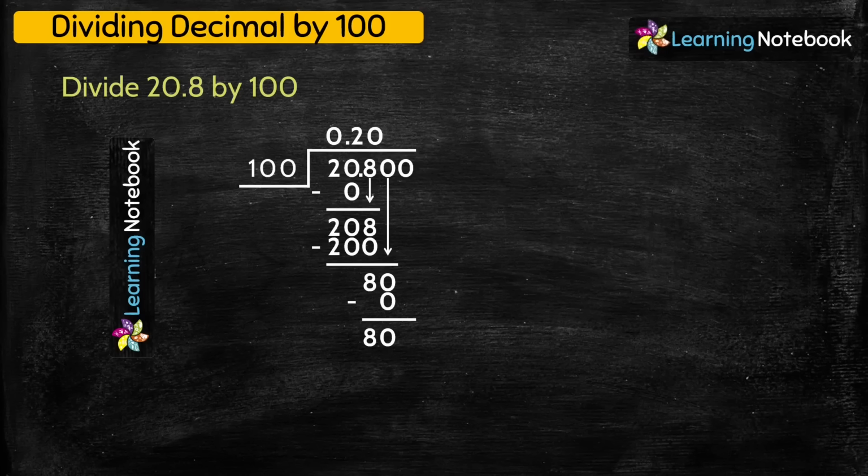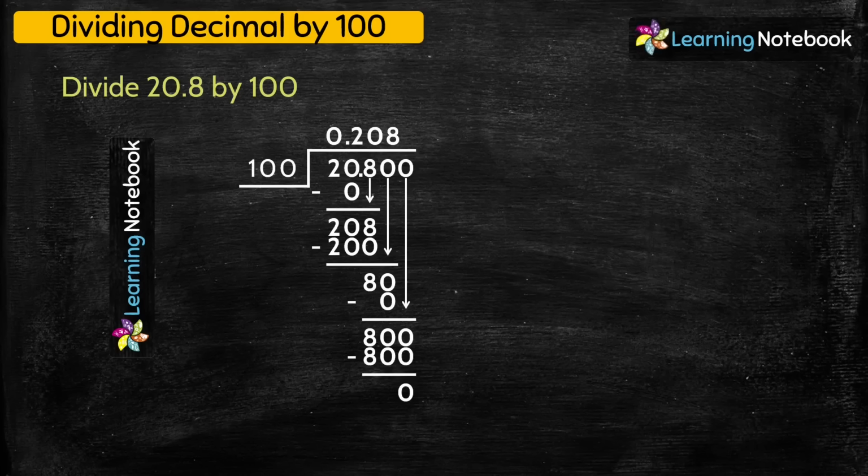Let's again insert 1 0 and now copy that 0. Now we have to divide 800 by 100. 100 into 8 equals 800 and 800 minus 800 equals 0.